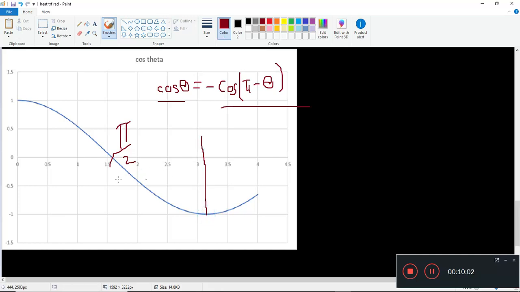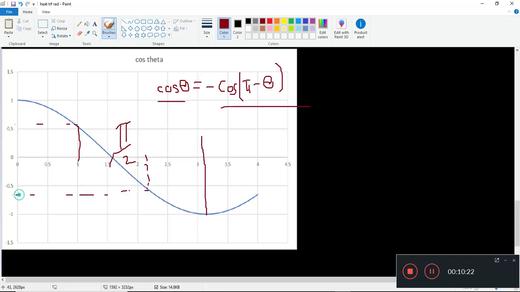Where is pi minus theta? Let's say theta is 1. So this 1 will be some 0.6 something. And if you have 3.14, you minus 1, you get around here.